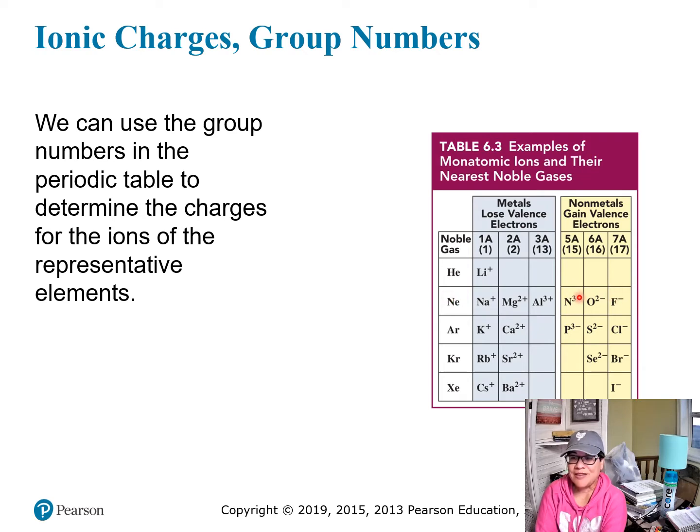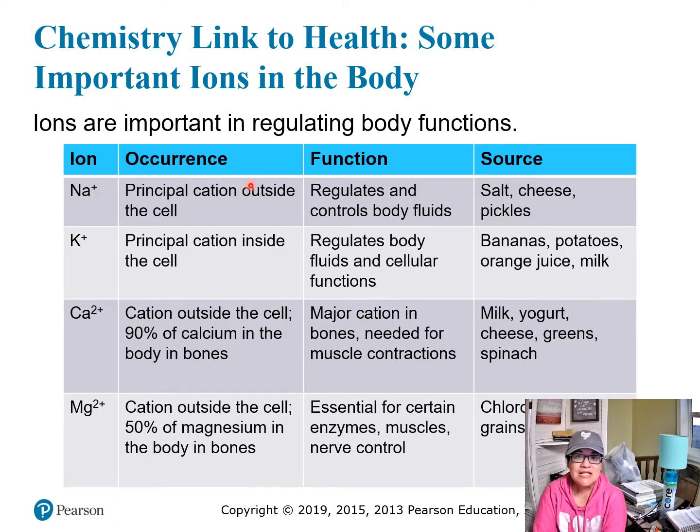And then these, when they gain 3, 2, or 1 electrons, they're going to be like neon. So that's what that's also showing us. Lithium will lose 1 electron and be like helium. One shell.